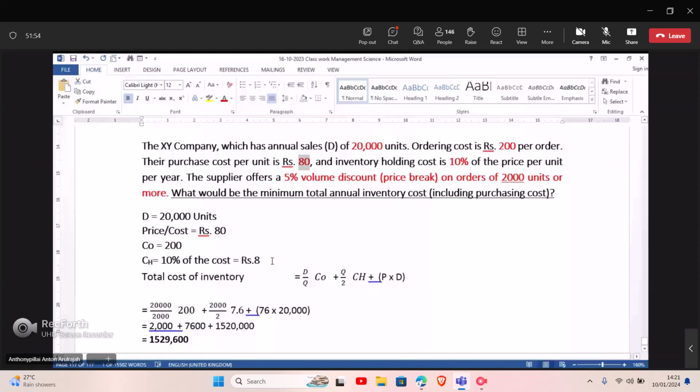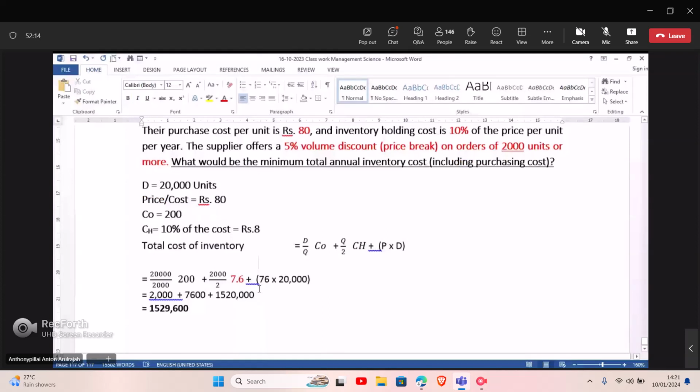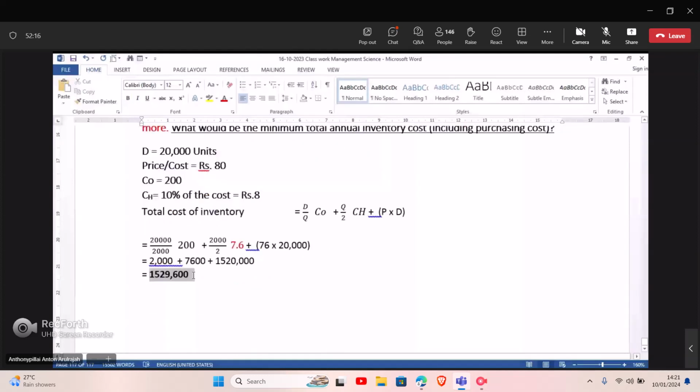What is the holding cost? It should be 7.6, no? Yes. So therefore, what is your total inventory cost in the discount scenario?